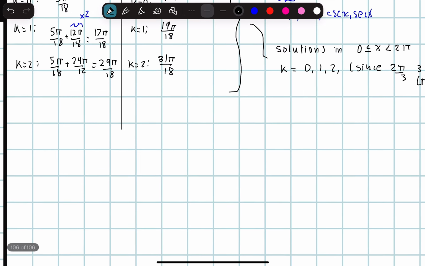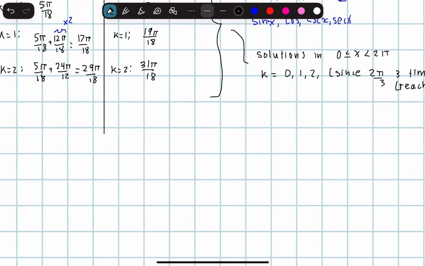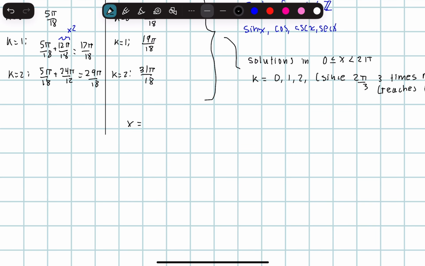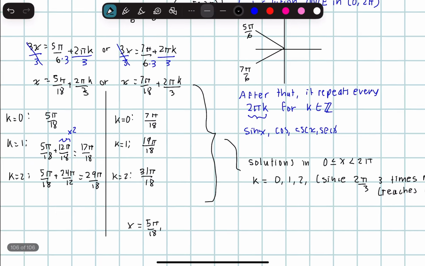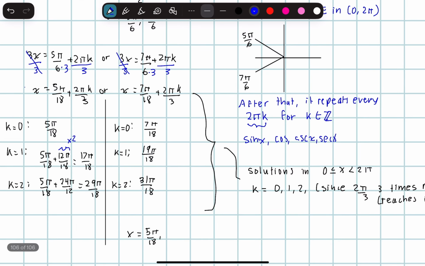So now we can write all of the solutions. What are all of the solutions? Earlier we just had the general solution. Let me write that there so you know. These are general.